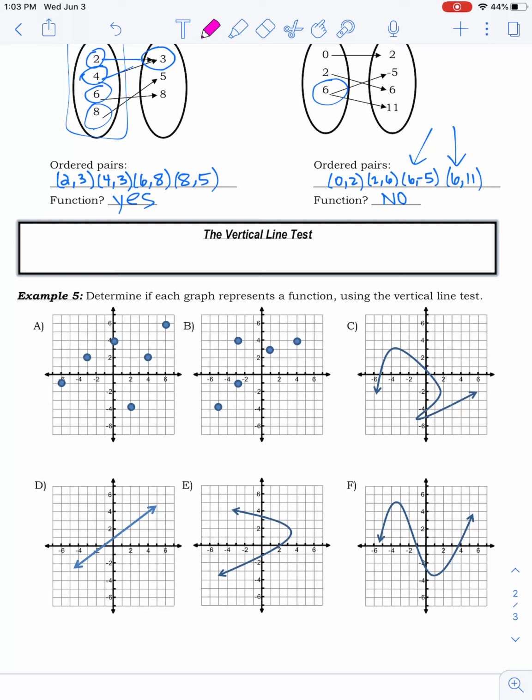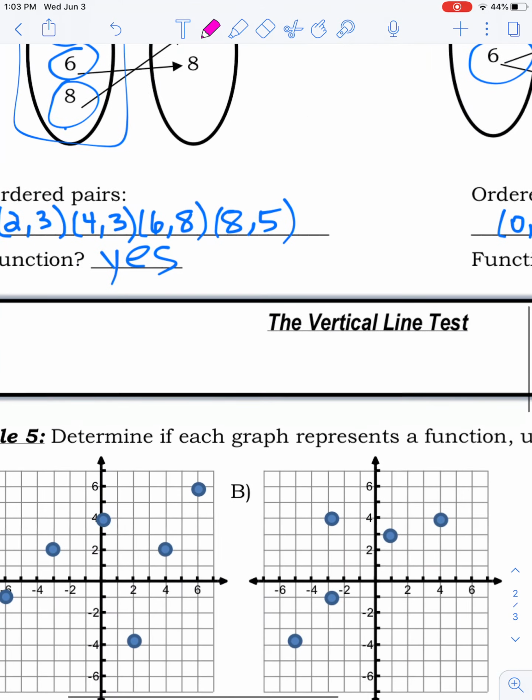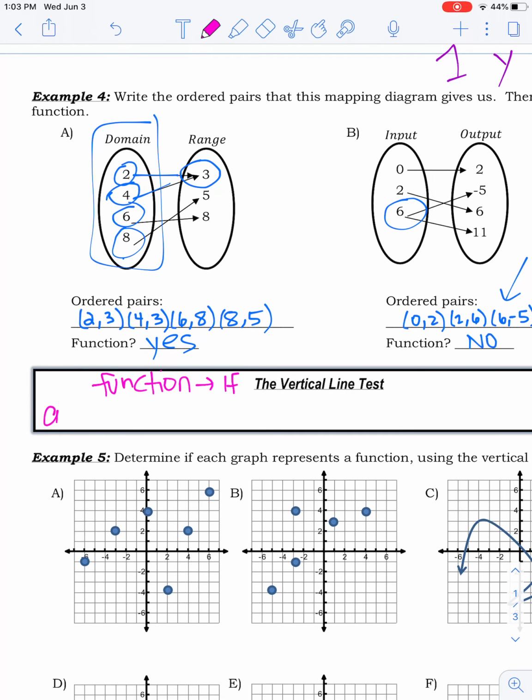All right, either way, the vertical line test states that to be a function, so I'm going to go ahead and write, a relation is a function only true if a vertical line never passes through more than one point.